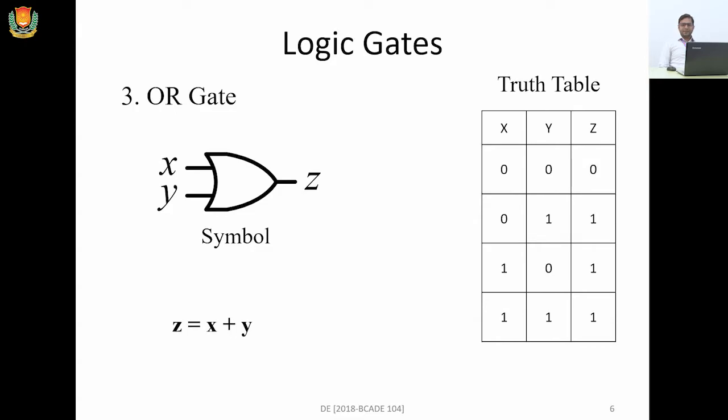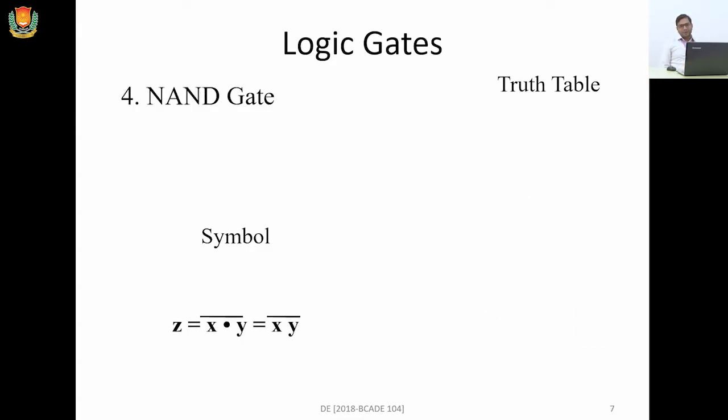Okay, the next logic gate is the NAND logic gate. The NAND logic gate is not a different one. It is just a combination of 2 logic gates, the NOT logic gate and the AND logic gate.